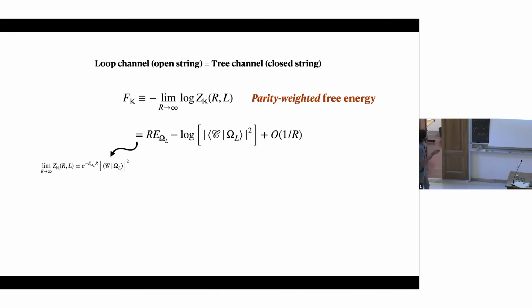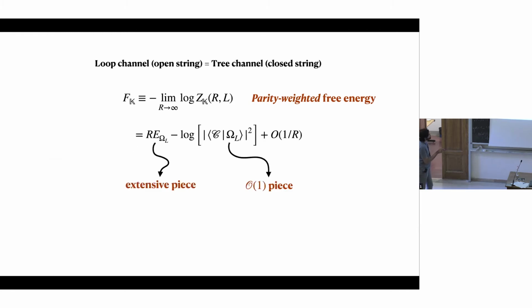So I take the log of the previous expression, and what I find is that I take the log of this, I get this piece here, which scales with R, and I get a constant piece. So there is an extensive piece, which scales like the volume of the system. And then there is an order 1 piece, which does not scale like the volume of the system. And then there are subleading corrections.